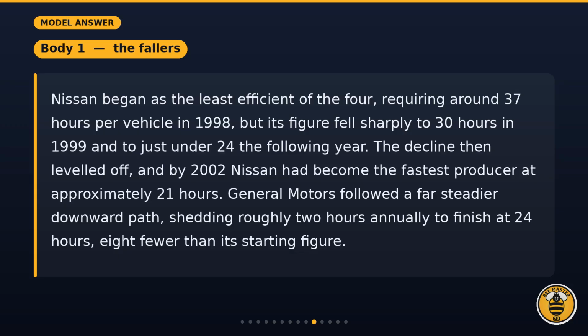The decline subsequently leveled off, and by 2002 Nissan had become the fastest producer at approximately 21 hours. General Motors followed a far steadier downward path, shedding roughly 2 hours annually to finish at 24 hours, 8 fewer than its starting figure. Look at the verbs. Fell sharply, leveled off, shedding. Each one carries a different speed of change.